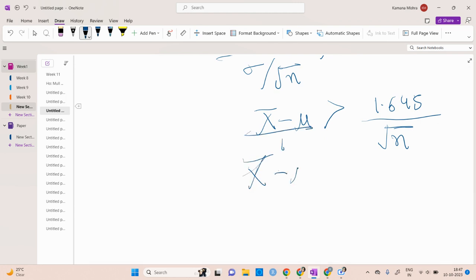So x bar will be greater than mu plus 1.645 divided by root n.